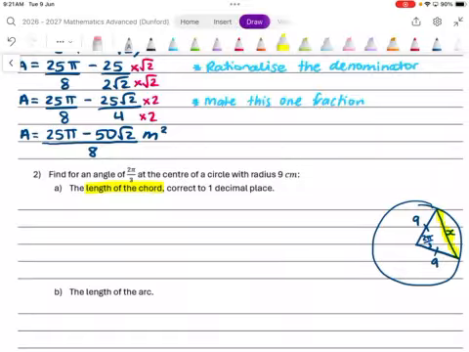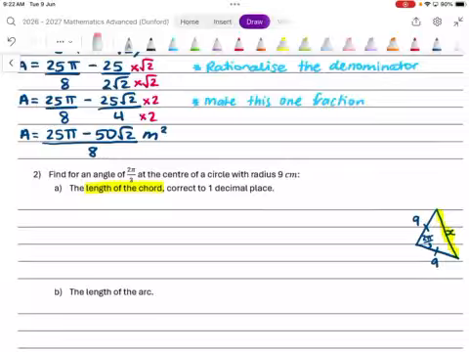In order to find the length of our chord, if I take the circle away, all we are left with is a non-right angle triangle. So in my non-right angle triangle, how can I find my length x? Well, I have 3 sides and 1 angle. What rule do we use when we have 3 sides and 1 angle?